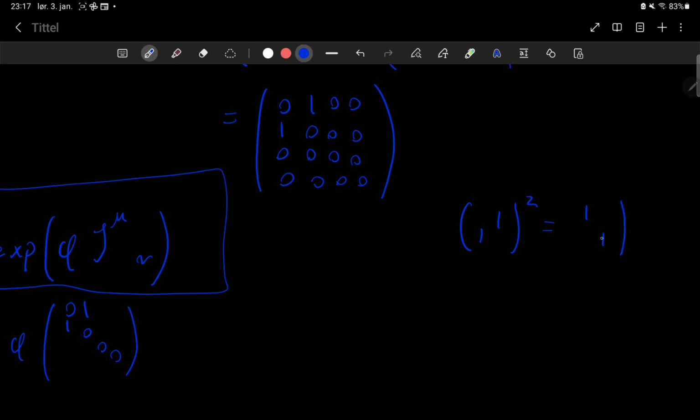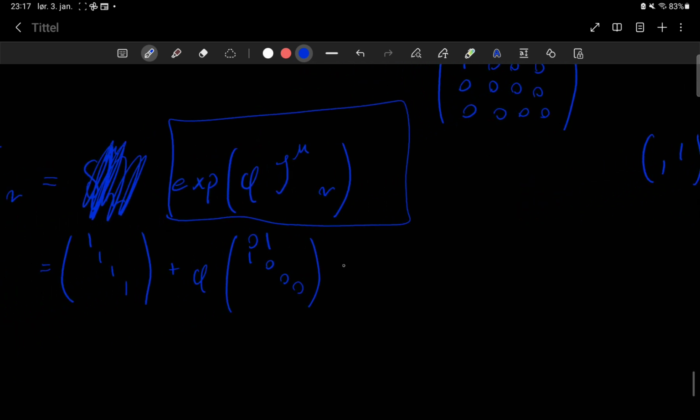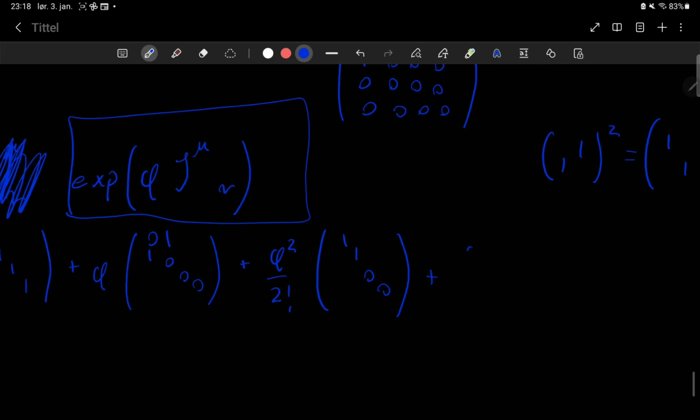and we get the identity. Very nice. So we're going to have plus phi squared identity plus phi cubed.